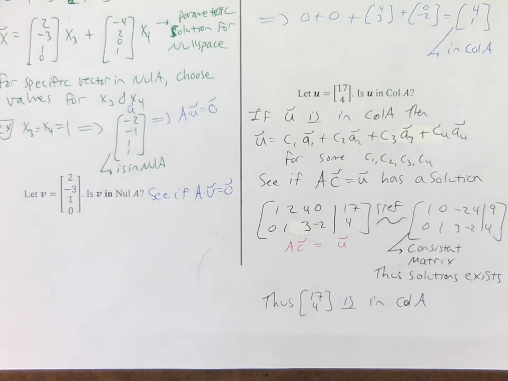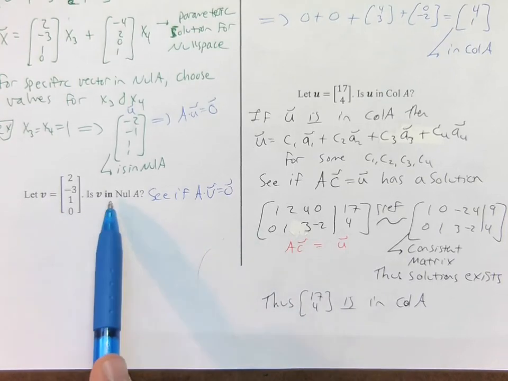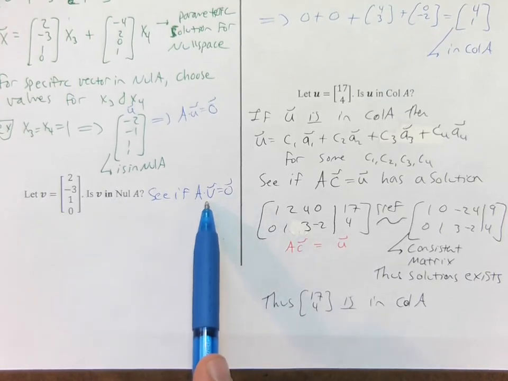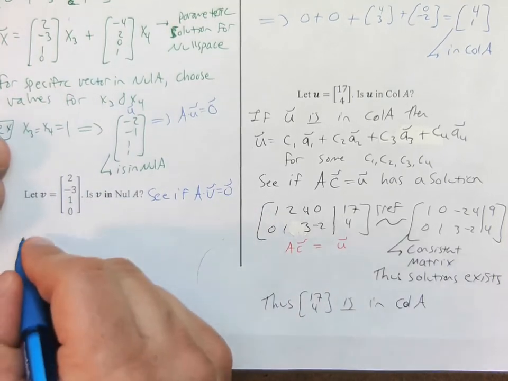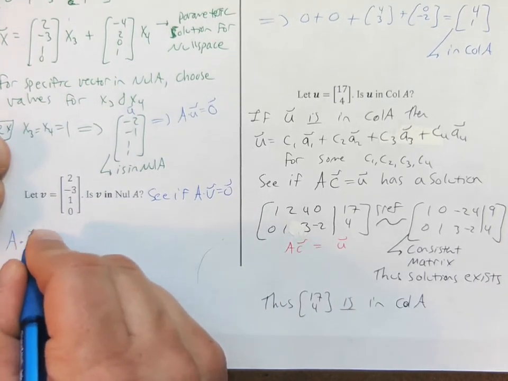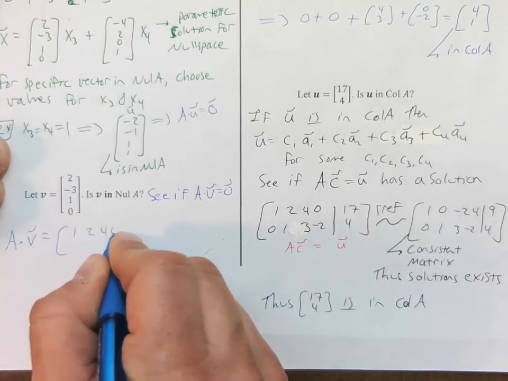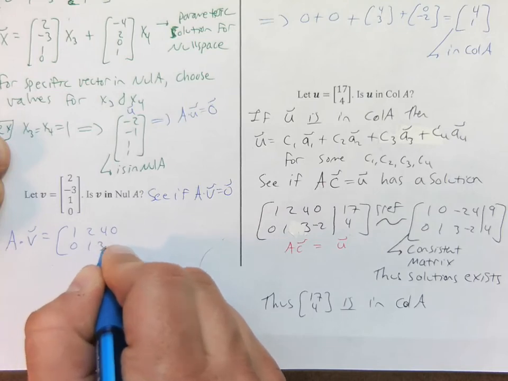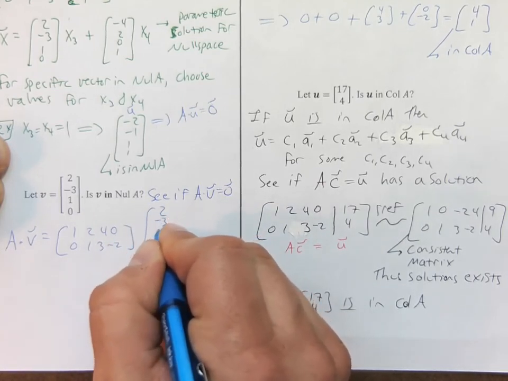Let's just wrap this up with looking at the last one here. And so if V is in the null space, we should be able to multiply it by A and get 0. And so let's just see if that's true. So when we multiply A times V, it looks like this. So we take the matrix A, we multiply it by V, 2, -3, 1, 0.